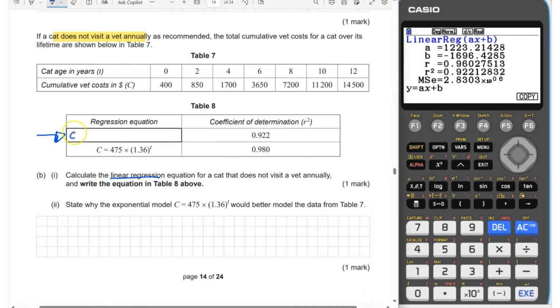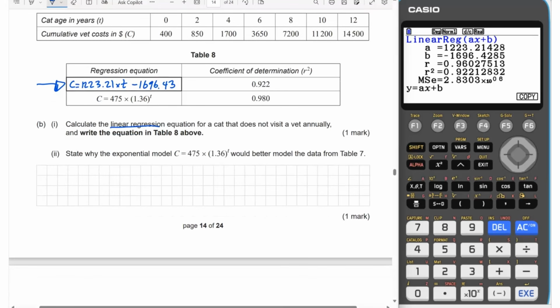So it has to be C is equal to 1223.21, we'll use 2 decimal places, times t, and then minus 1696.43 as our linear model. Again, 2 decimal places in this case is quite sufficient.